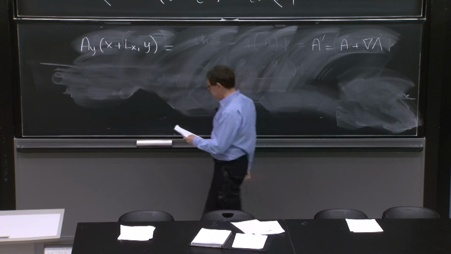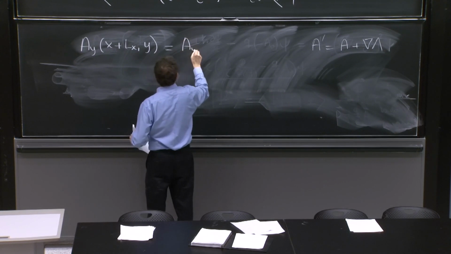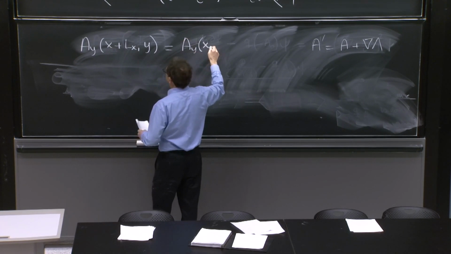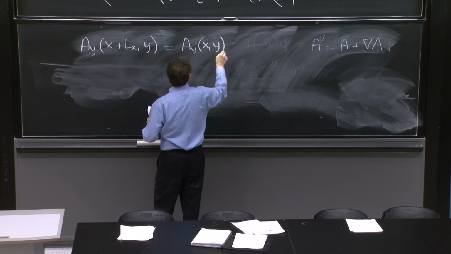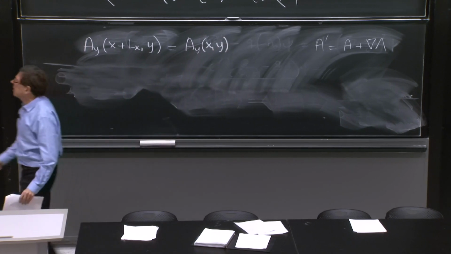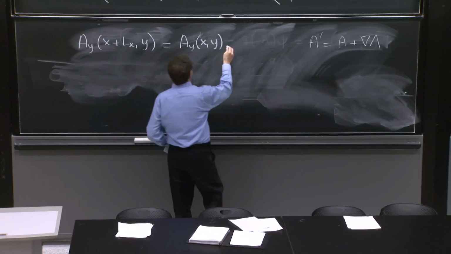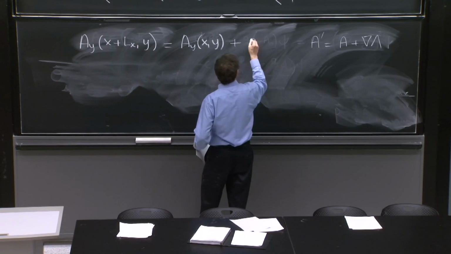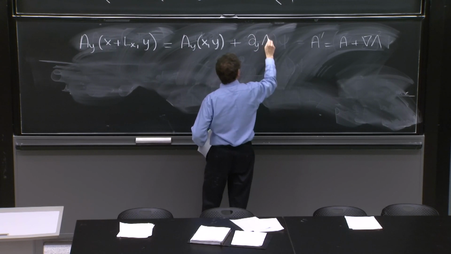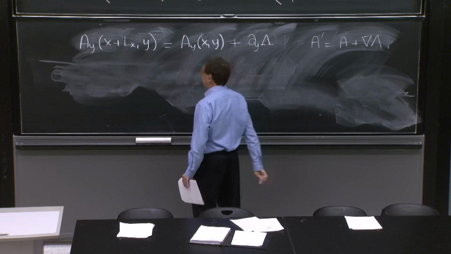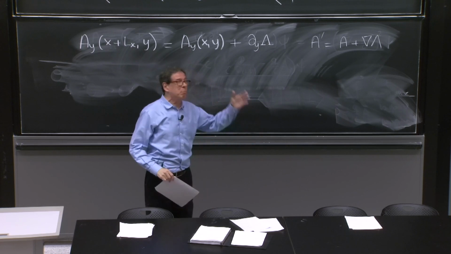So I'm going to write this as A at the same point, which is (x, y), it's physically the same point, plus the gradient of lambda, in this case, d_y lambda.